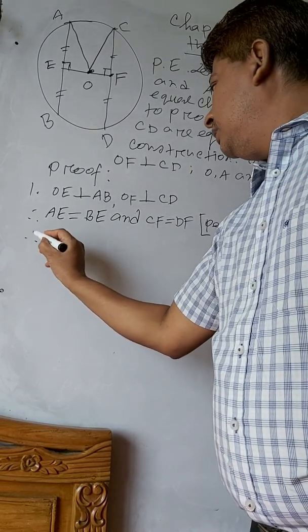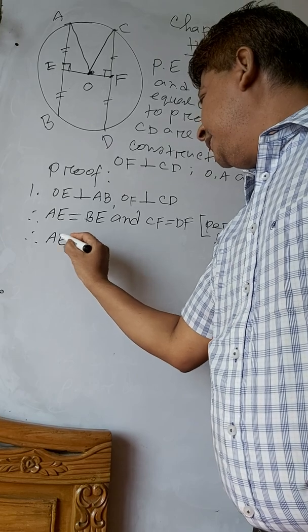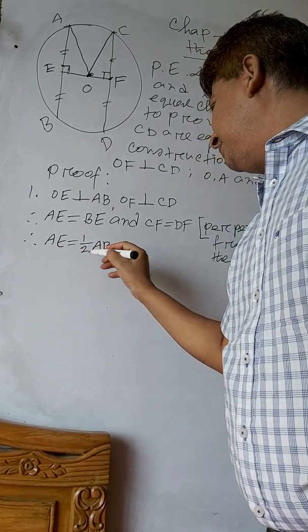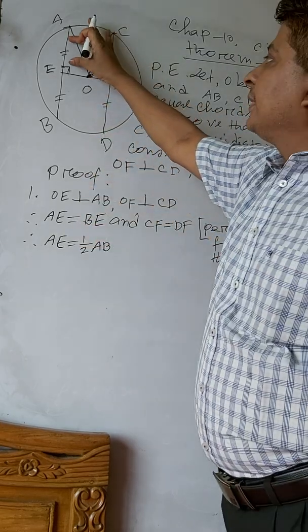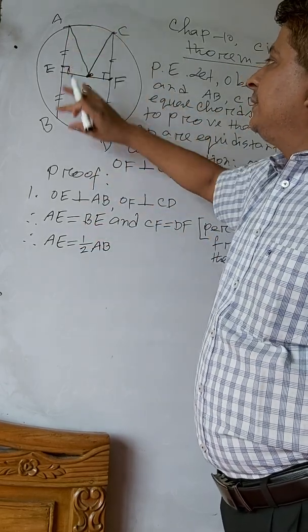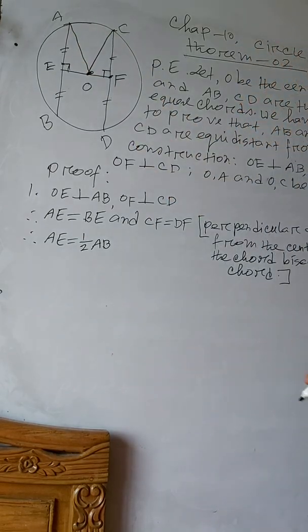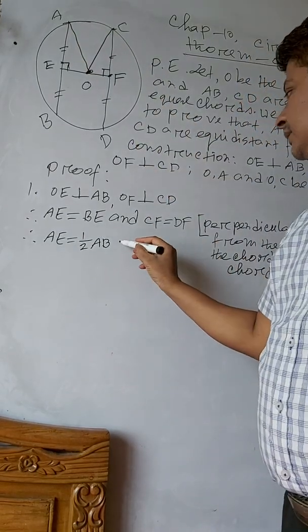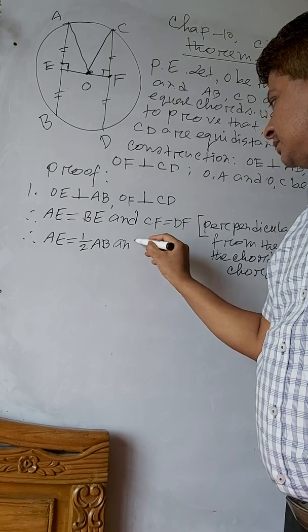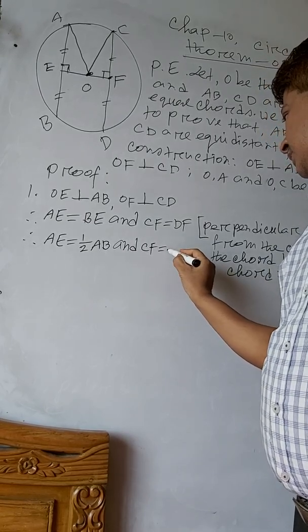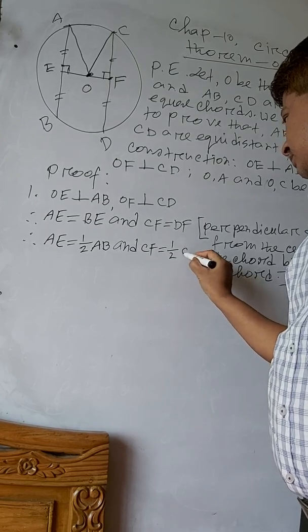Therefore, AE equals half of AB, because AE equals BE. Easily you can say that AE equals half of AB, that is 50% of AB. And CF equals half of CD.